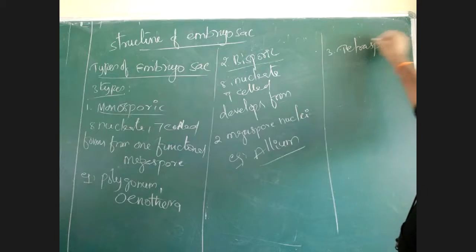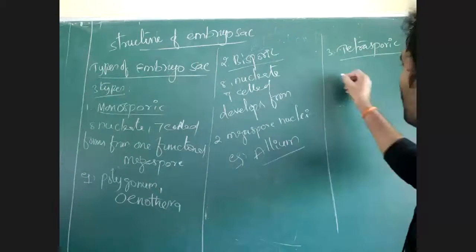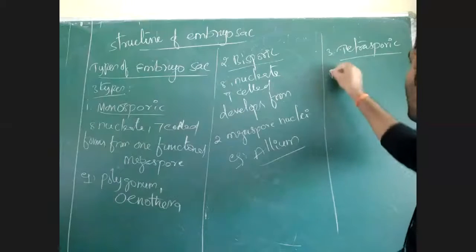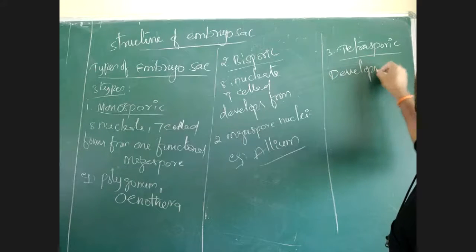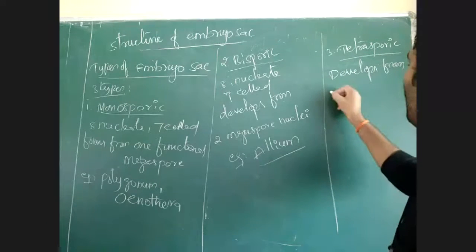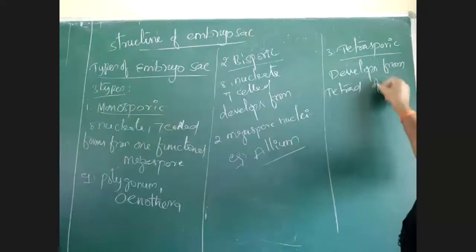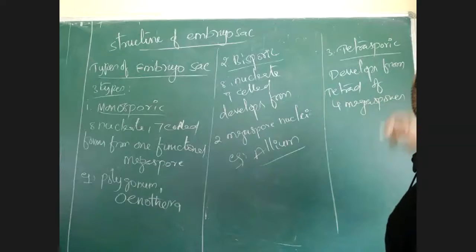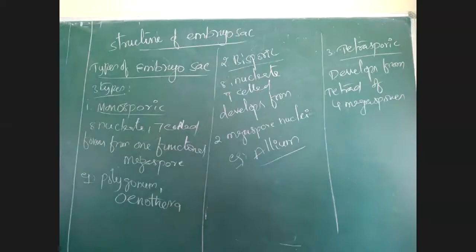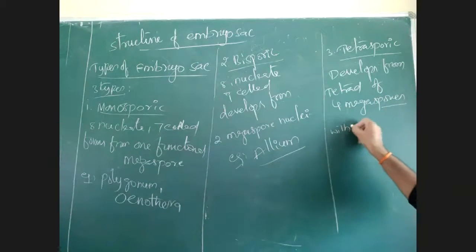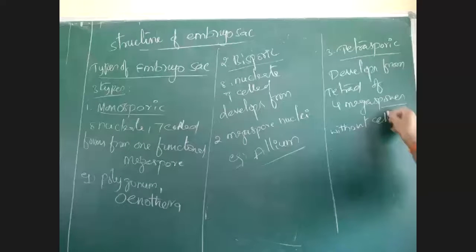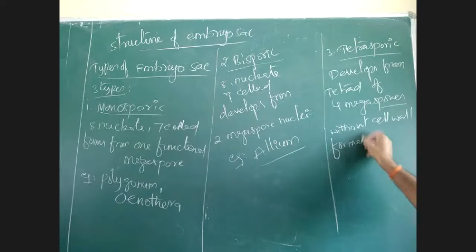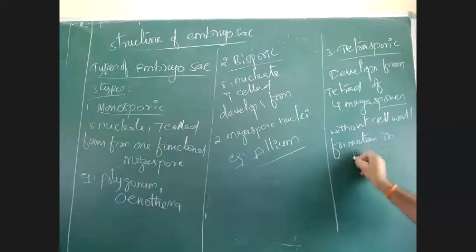Third one is tetrasporic embryo sac. Tetrasporic embryo sac develops from a tetrad of 4 megaspores formed during meiosis, without cell wall formation.